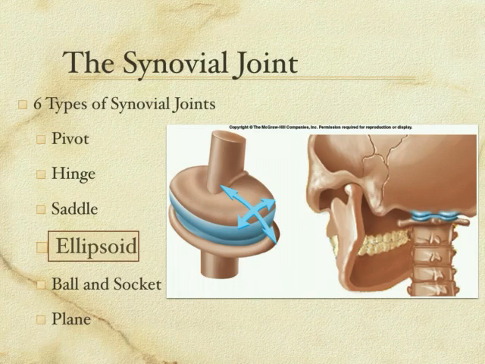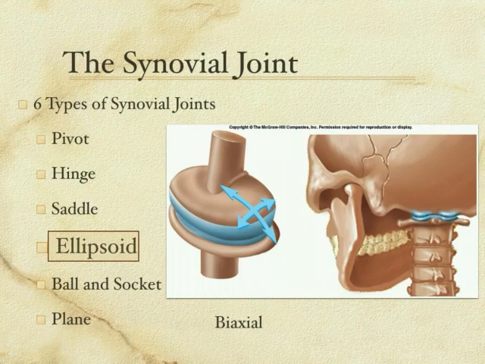One is concave, one is convex, so they fit into one another, but they allow not only a hinging type action, but the bones can actually slide side to side. There's less range of motion one way or the other, but it is prominently a biaxial joint. You can combine the two motions to get somewhat greater degree of flexibility, but it's primarily biaxial.